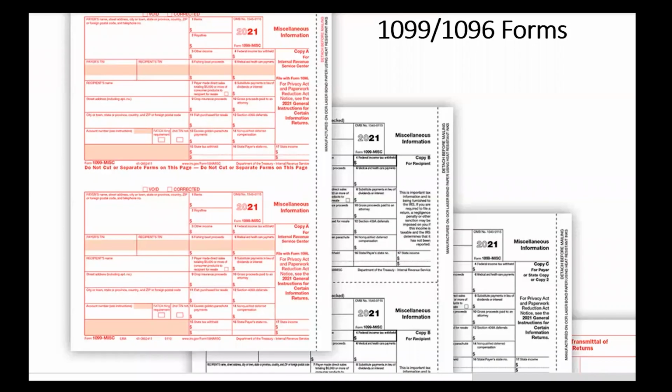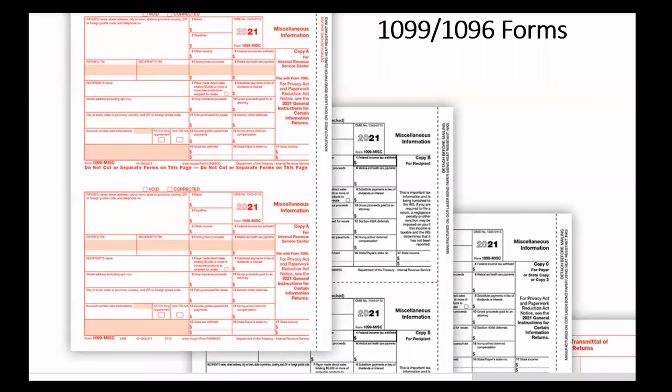For 1099 and 1096 forms, you need to download them or purchase them from different vendors, and they come pre-printed. So one of the delicate aspects of reporting 1099 through SAP is that we need to make sure that the printer is correctly aligned so that the information is actually filling in the right box within the form.